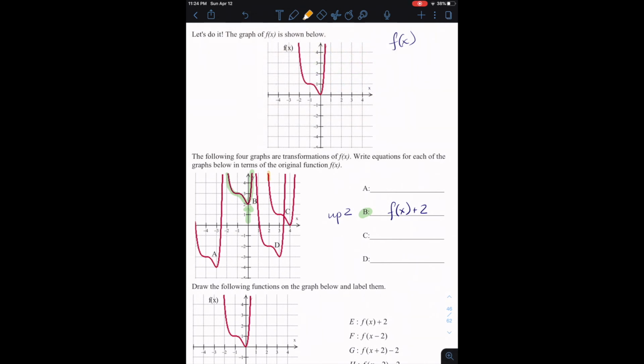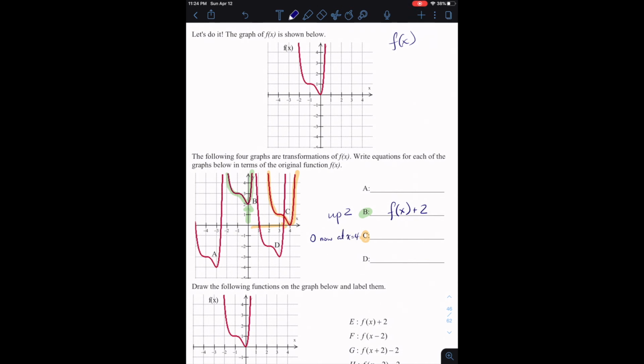How about c? What do you notice about c? Well, do you notice that for c, we shifted where it's 0, right? So the 0 is now at x equals 4.